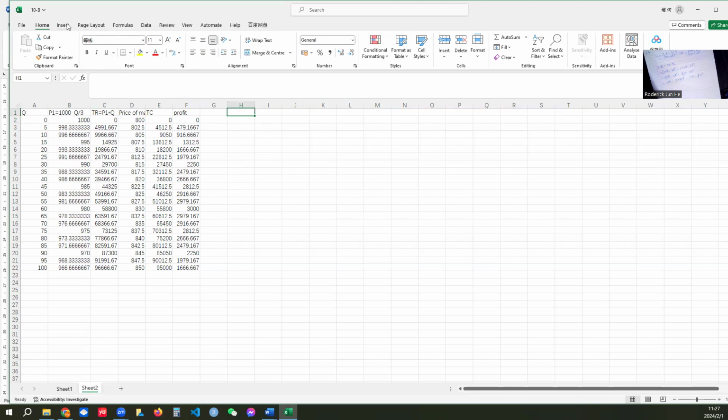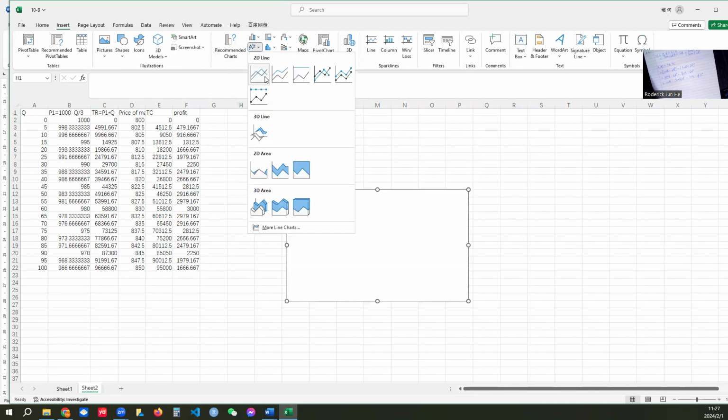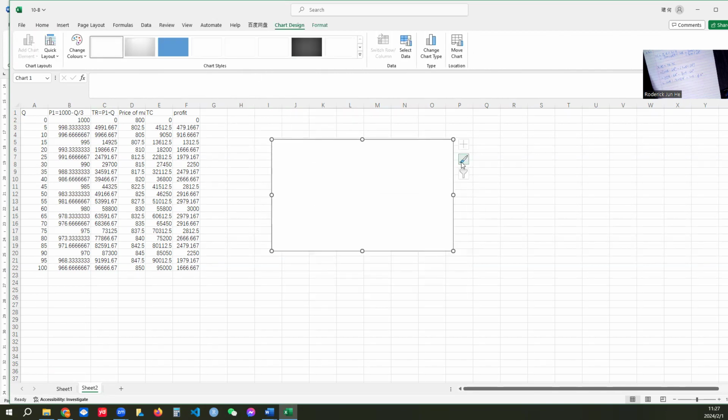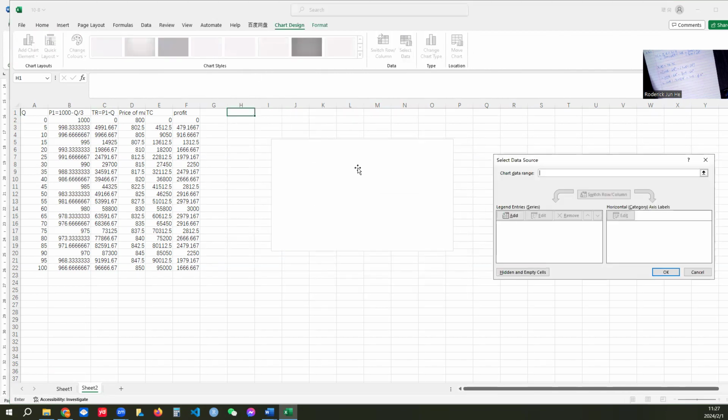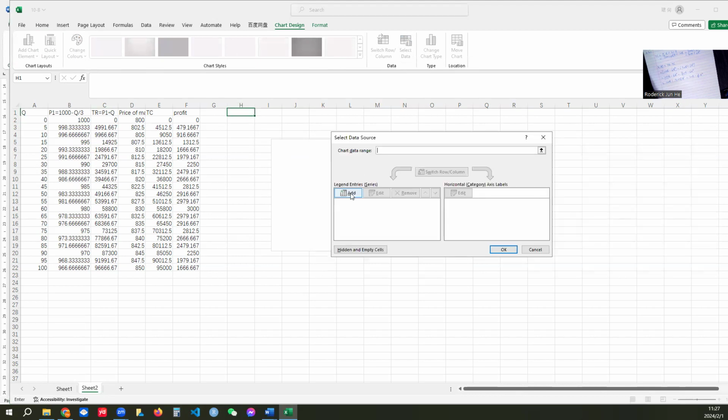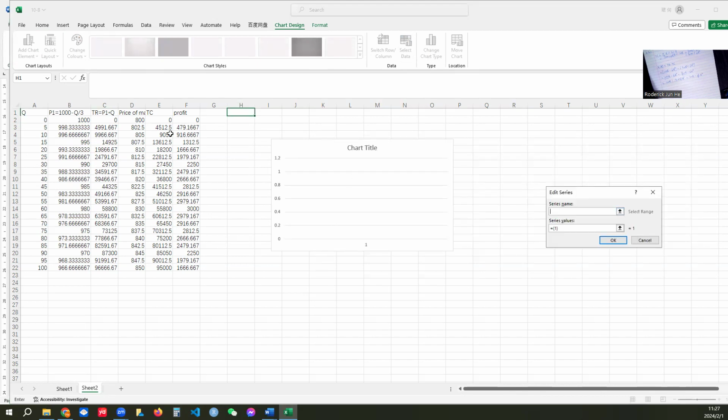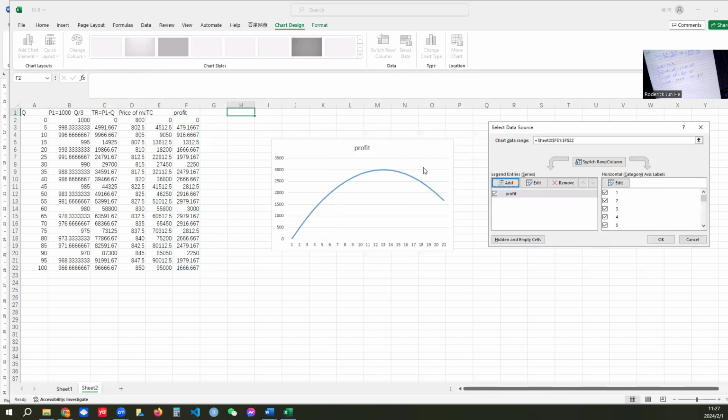And then what we were asked is to draw the graph. So here we insert an empty line, and we select the data, and we add the y-axis, which is the profit for now, and its value should be everything here. And we have a graph of profit, but the horizontal axis is not right.